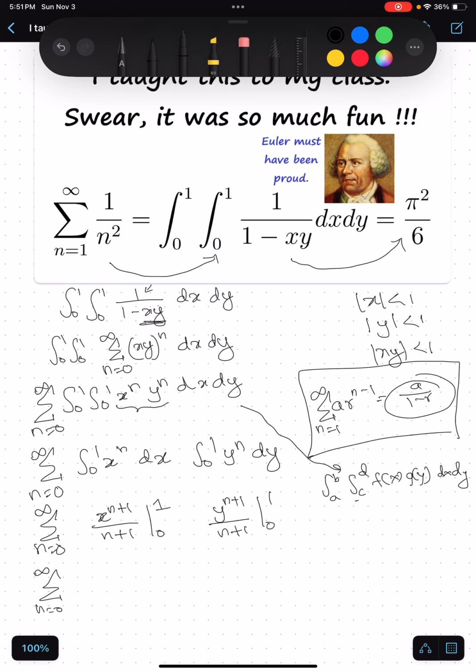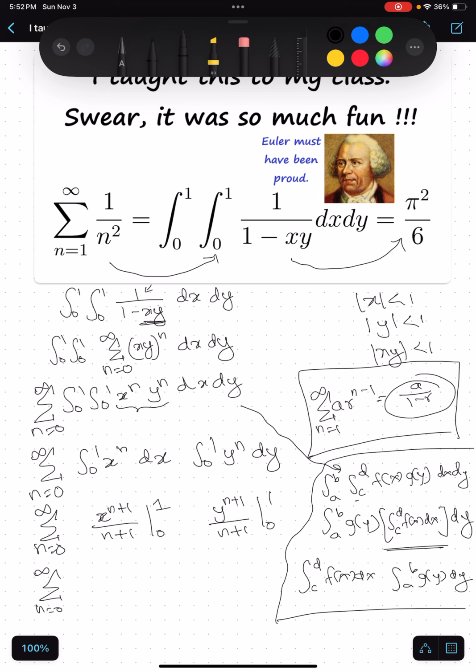So we'll have the integral from a to b of g of y, and then the inside integral from c to d of f of x dx, and then dy. Now this inside integral will be a constant, so it can again be taken out of the integral. So we'll have the integral from c to d of f of x dx times the integral from a to b of g of y dy. So this is why we can do it. This is a pretty simple reason.